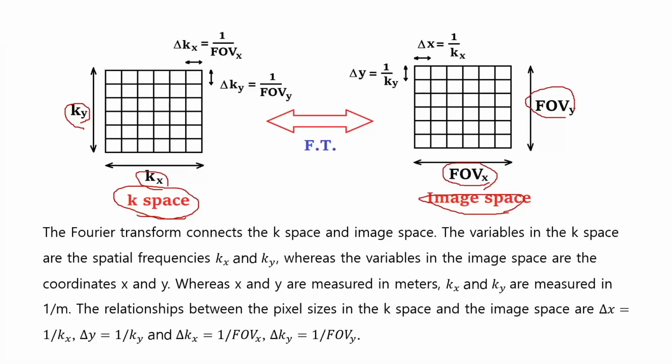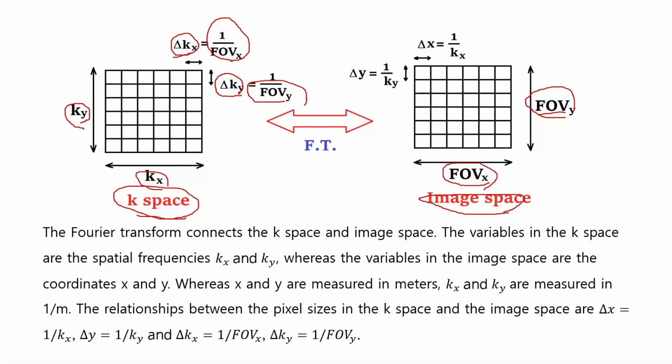Okay. And pixel size in k-space in x direction is related to the image size FOVx in this way, and pixel size in k-space in y direction is related to the image size FOVy in real space.